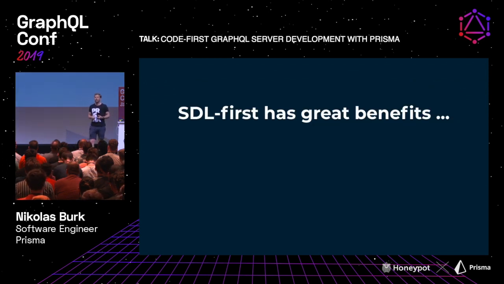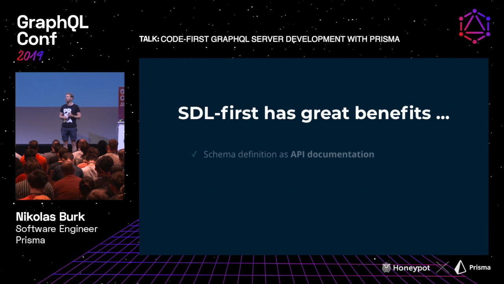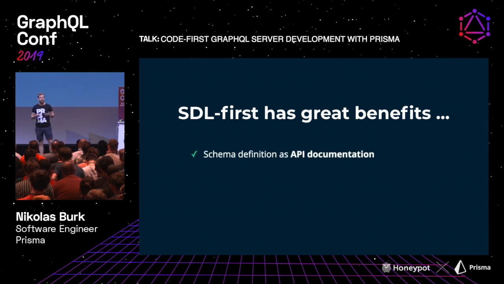The SDL-first approach has a number of really great benefits, and it's definitely a valid choice for GraphQL server development. The schema definition serves as API documentation, which is really nice. We've all seen GraphQL Playground or GraphiQL, where we can expand the documentation tab on the side, and this is enabled by the schema definition. So this is amazing.